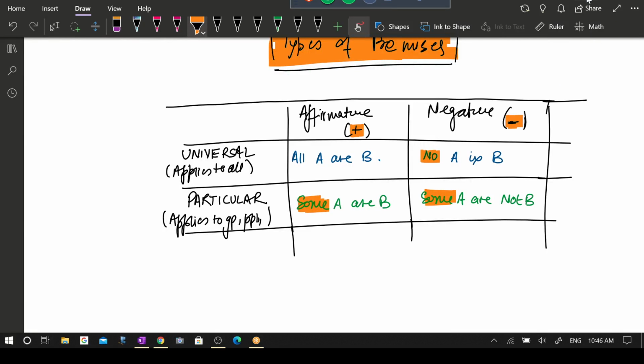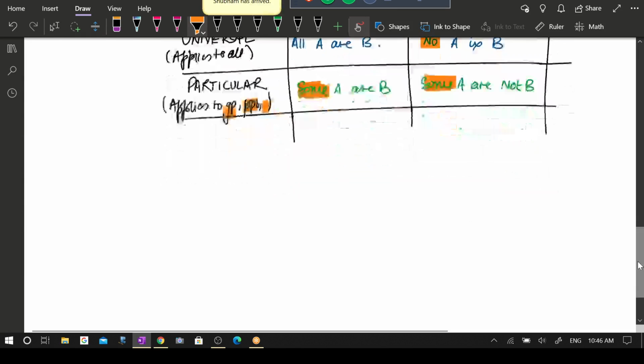Particular means some, and universal means either all or no. Keep this in mind. Yes, Harry Potter says a wonderful thing: it applies to a group of people or a particular object. Their properties would give you a beautiful aspect.